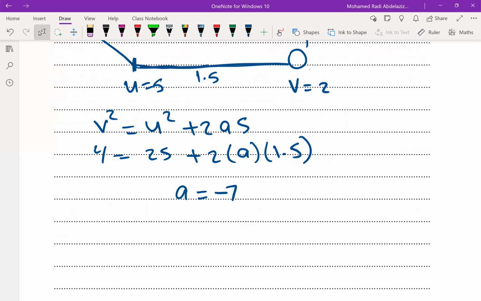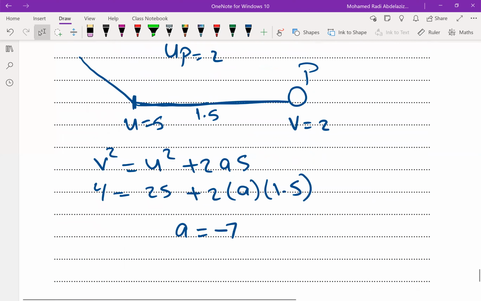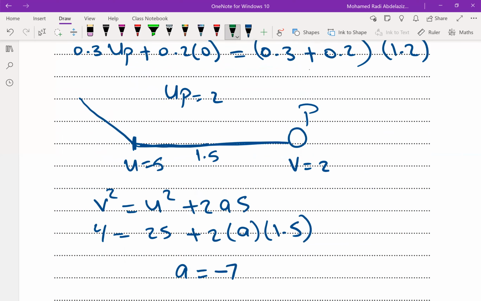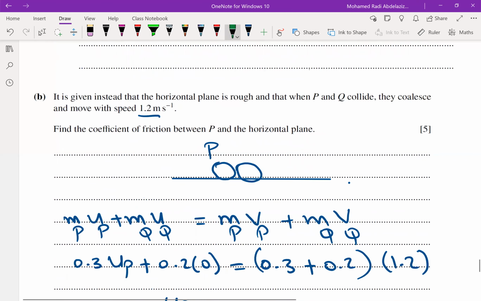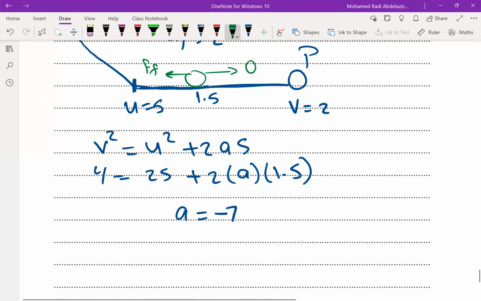When you write Newton's second law, particle P moves on the horizontal plane because of inertia. When you apply the forces, in the direction of motion it is 0, but in the opposite direction is the frictional force, equal to ma. We are asked to get the coefficient of friction. All the forces in the direction of motion minus all the forces in the opposite direction is equal to ma.